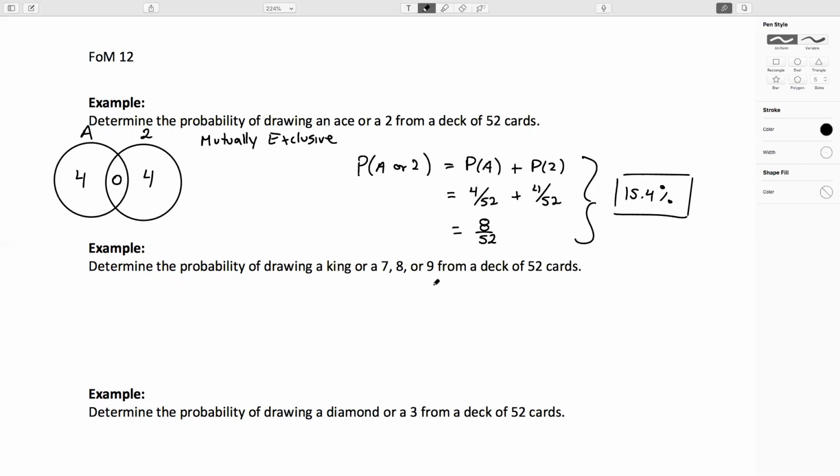So we've got to ask ourselves, can two of these 4 things happen at once? Are they mutually exclusive? There's no 8s that are 7s, there's no 9s that are 7s, there's no 9s, 8s, 7s that are kings. These are all separate events. So these are what you would call mutually exclusive.